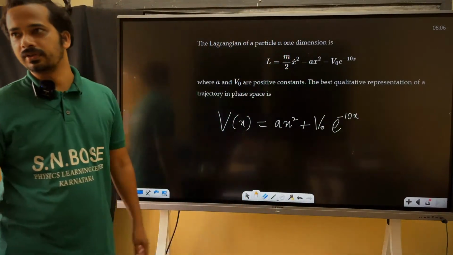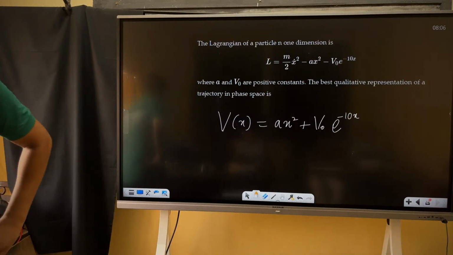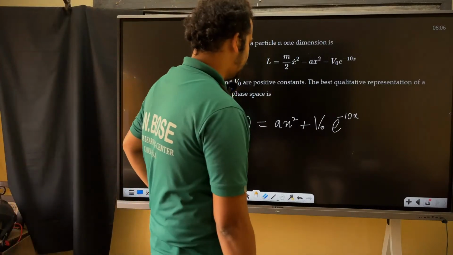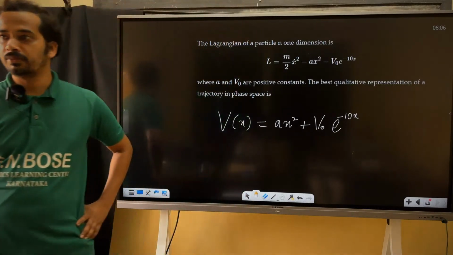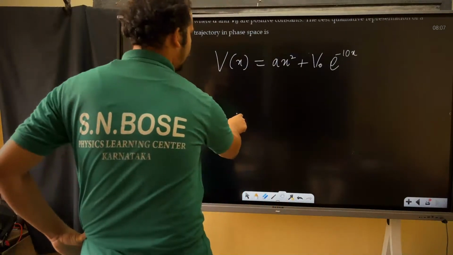How do you plot this curve? Yeah, that is a very good idea. Which curve dominates in which area? When x is negative, the exponential usually dominates, am I right? I mean, this is an exponentially decreasing curve.